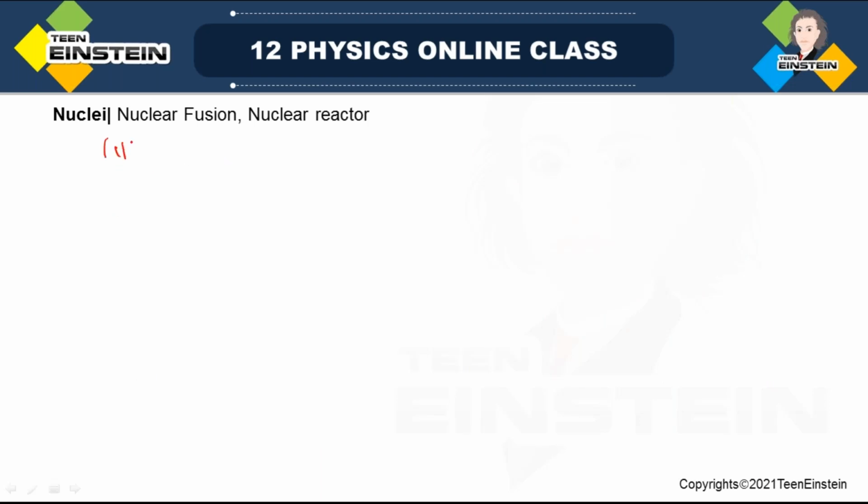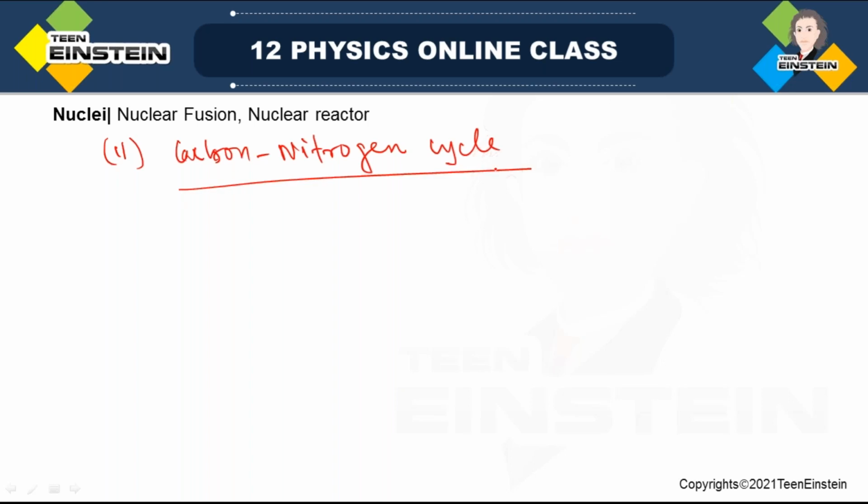So in the carbon-nitrogen cycle, the necessary thing is that there should be a carbon nucleus which successively absorbs protons in a series of steps.